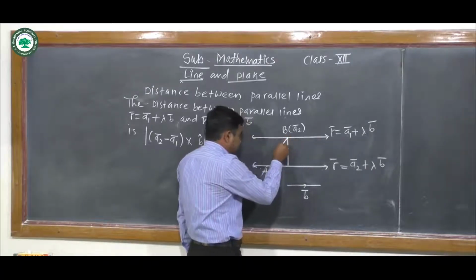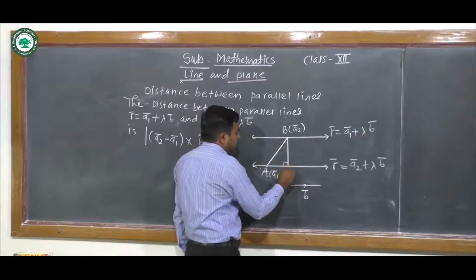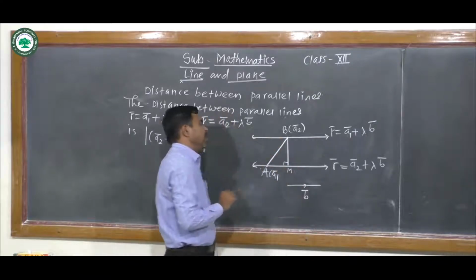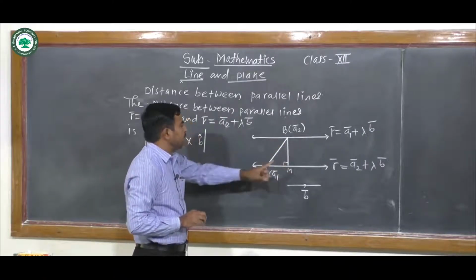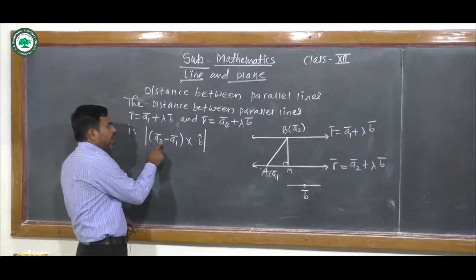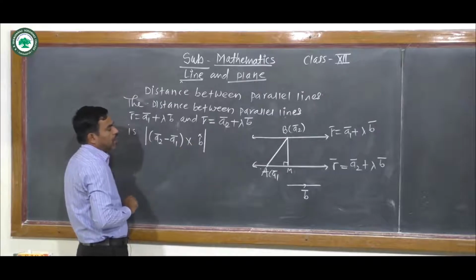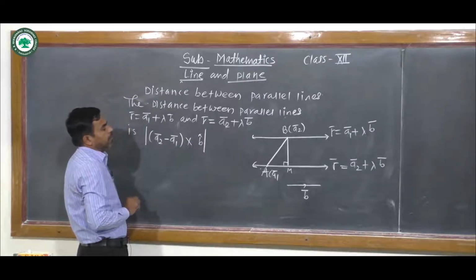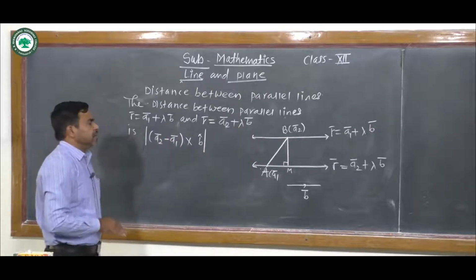If we join these two, this is AB bar, and if this is the foot of the perpendicular M, BM is the shortest distance between these two lines, which means BM is equal to modulus of A2 bar minus A1 bar cross B cap. So this is the distance between two parallel lines.